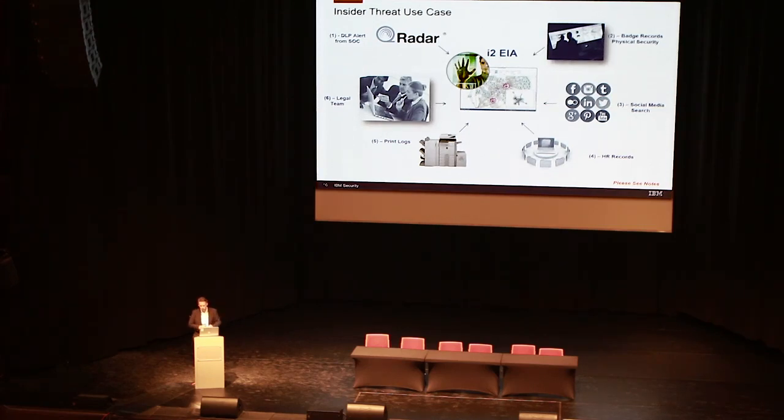Then we're also going to use the badge security records, when people are getting in and out of the office building. We also used in this example a social media search, in this case Facebook and Twitter information, what the guys have posted on the internet, HR records with the job roles and other information about the people involved, and printing logs.